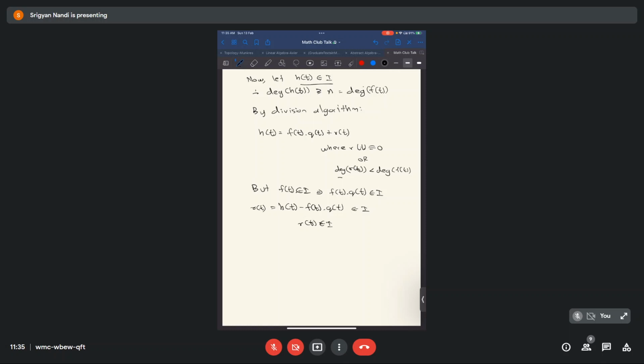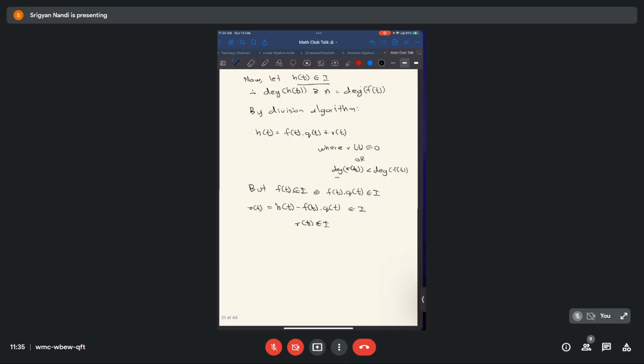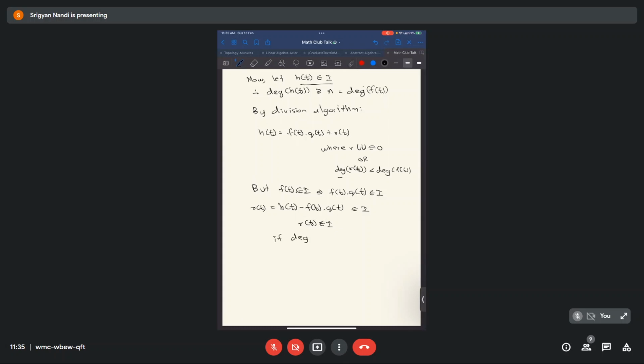If the degree of r(t) is less than n, the degree of f(t), then we have a contradiction again, because it contradicts the minimality of the degree of f(t). So therefore, we must have r(t) equal to 0.